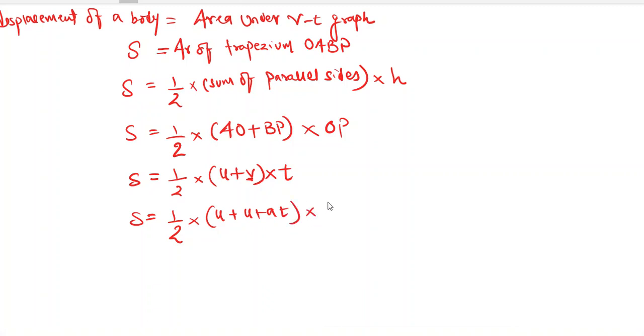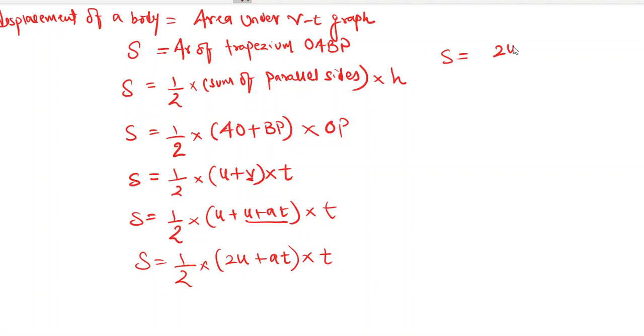You understood what I did? I replaced V, and in place of V, I wrote U plus AT, because in the second equation of motion, there is no V. So how do I write it again? Half multiplied by (U plus U plus AT), that is (2U plus AT), multiplied by T. Let us multiply T into the numerator.